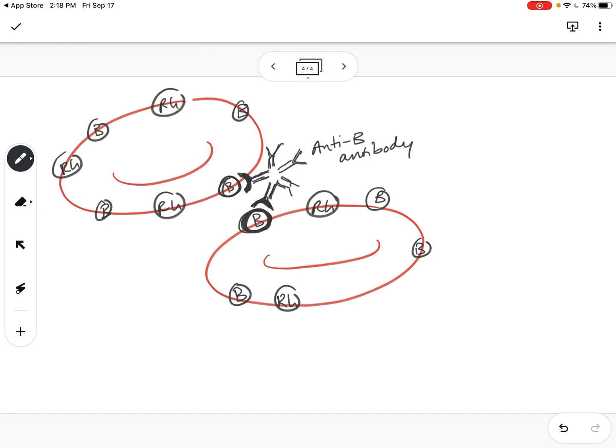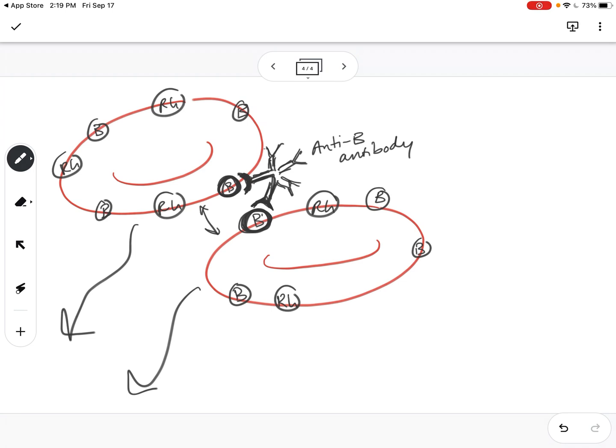And then because there are 5 arms on this antibody, another one of these claws can latch onto a neighboring red blood cell that also has a B antigen. So now, instead of these 2 red blood cells being free to flow smoothly through the bloodstream separately, they're stuck together because this antibody has connected them to each other. These 2 arms are velcroing these 2 red blood cells together. And this can keep happening.